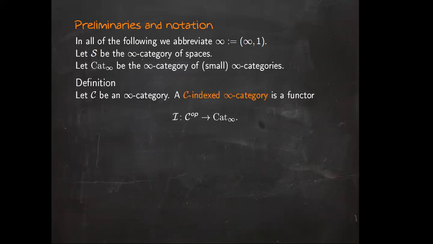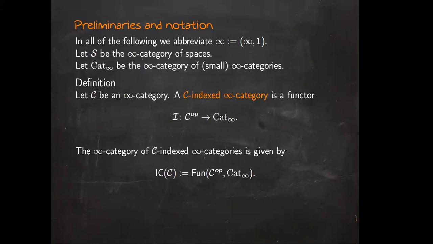Given an infinity category C, a C-indexed infinity category will just be a contravariant functor into infinity categories. So we think of it as a C-indexed collection of other infinity categories. Whenever C has a terminal object, we think of the evaluation at that terminal object as the underlying infinity category of that indexed infinity category.